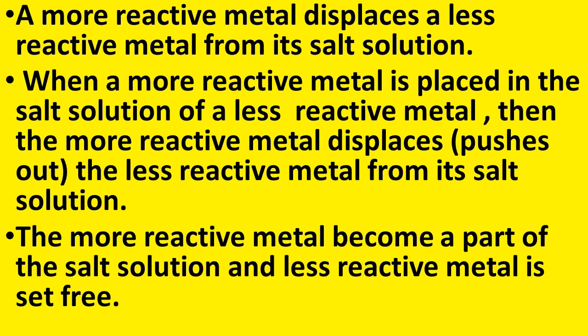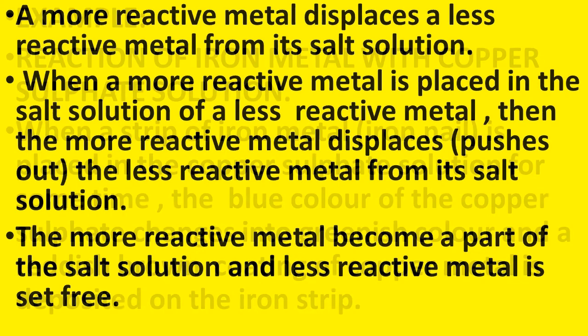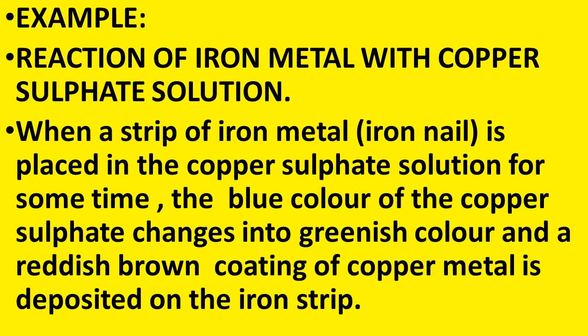The more reactive metal becomes a part of the salt solution and the less reactive metal is set free. This type of reaction is known as a displacement reaction. Let us understand this with the help of an example.